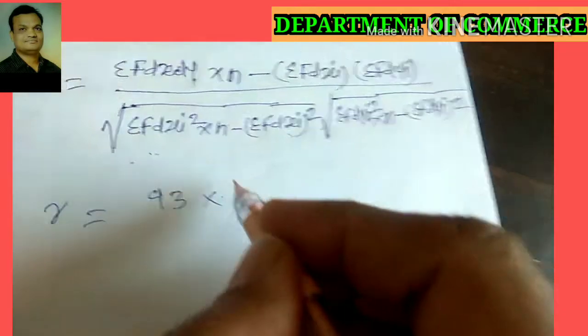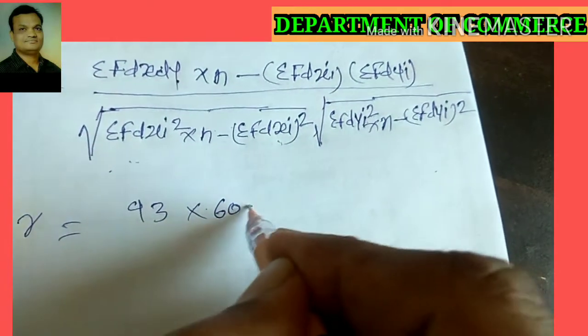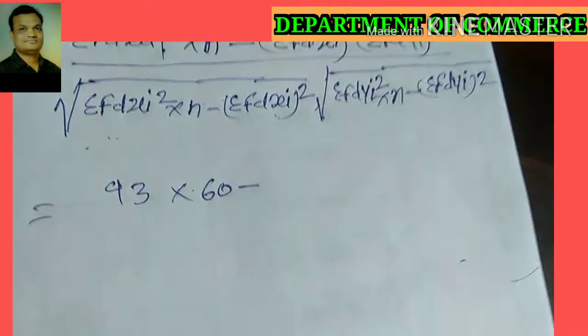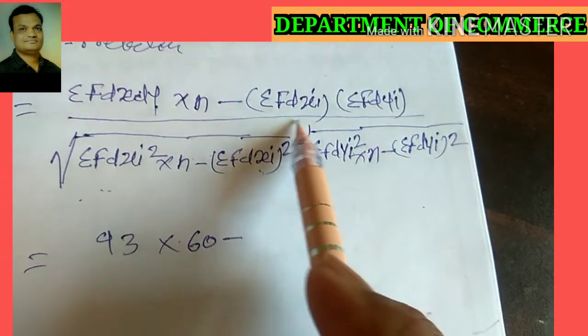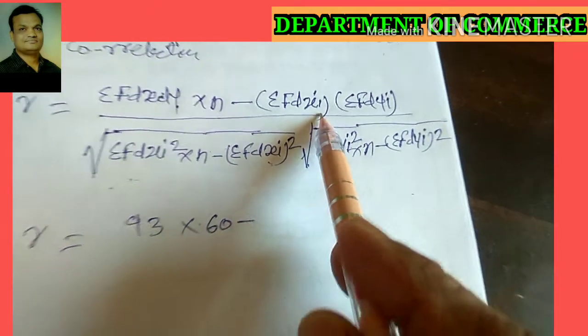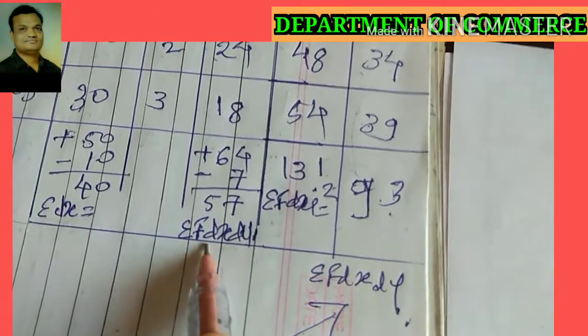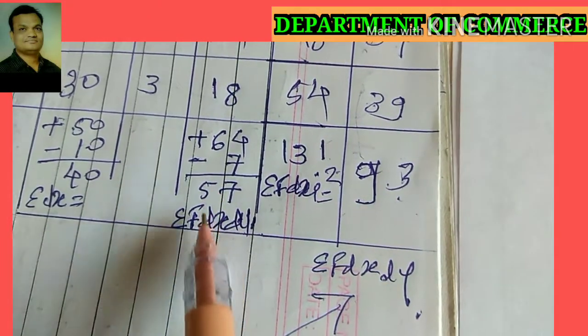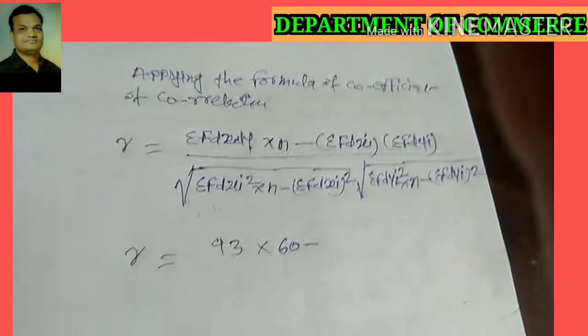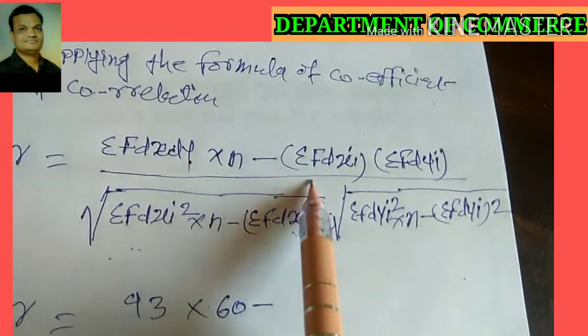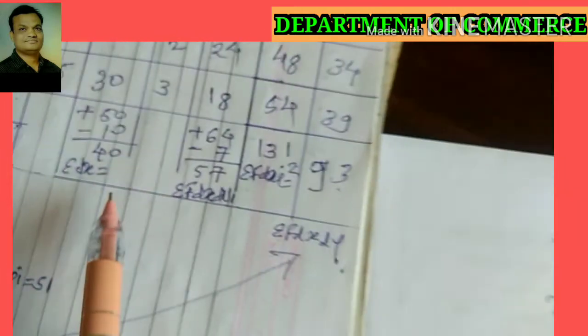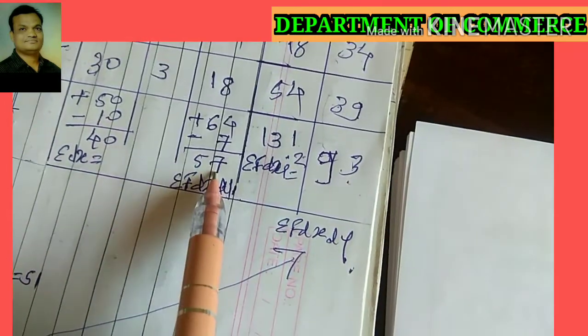So fill here 60 minus sigma f dx I. In this table we can see sigma f dx I is 57.